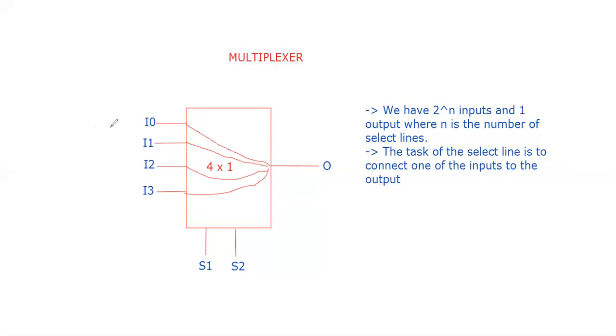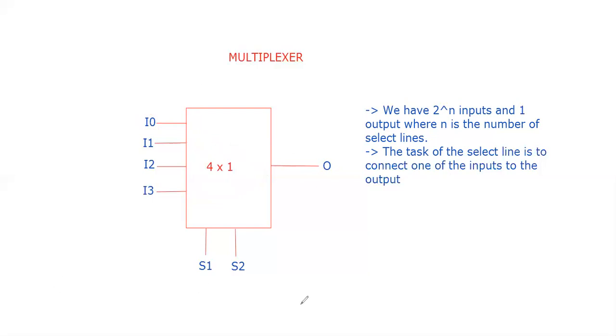Suppose we are having some bits of data here, say 0, 0. If I0 is selected, this 0, 0 will pass through this line and it will appear at the output. So we will have this 0, 0 here. Okay. So this is the basic of multiplexer.